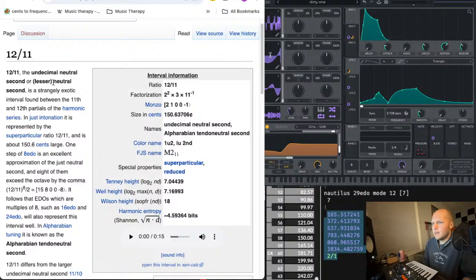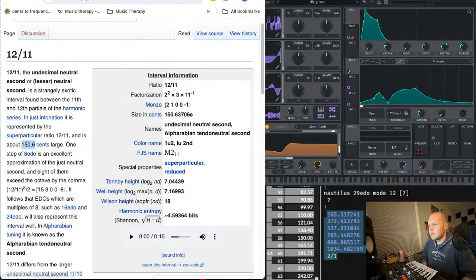But there's some other neutral second in JI that is slightly bigger. So this one is almost exactly 150 cents. So if you're in like 24 Edo, you have a really good, like within half a cent, accurate representation of that.